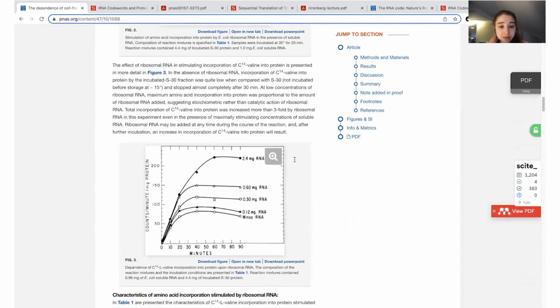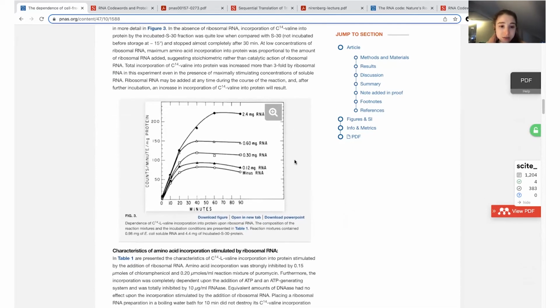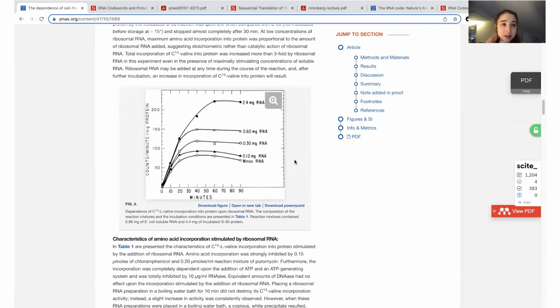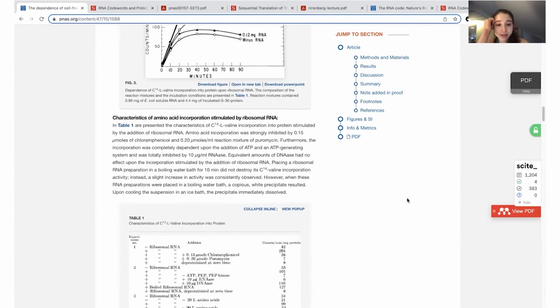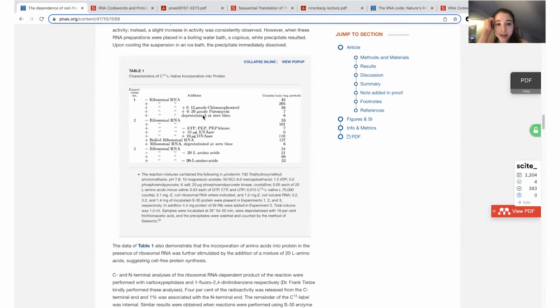And so now they show it various amounts of ribosome. Basically they just want to figure out what's needed for translation, and so they test these various things. They also tested some antibiotics and found that those were inhibiting the ribosome, which a lot of antibiotics do inhibit bacterial ribosomes.